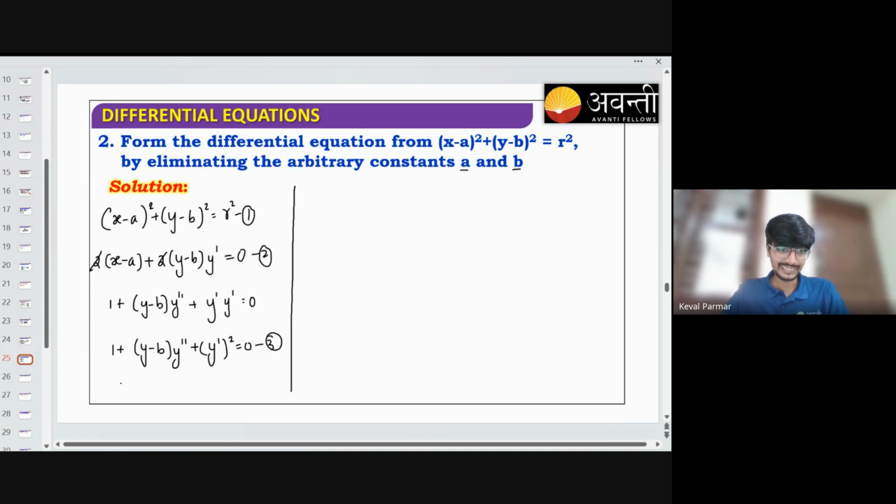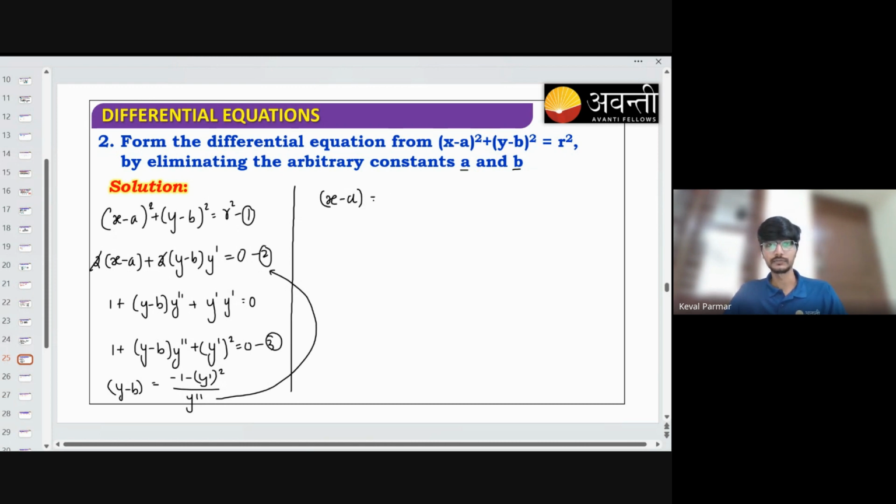So from here, I can get y minus b. So y minus b will be equals to minus 1 plus y dash whole square upon y double dash. We substitute this in equation number 2. So if I substitute in equation number 2, I'll get x minus a plus, what is y minus b?